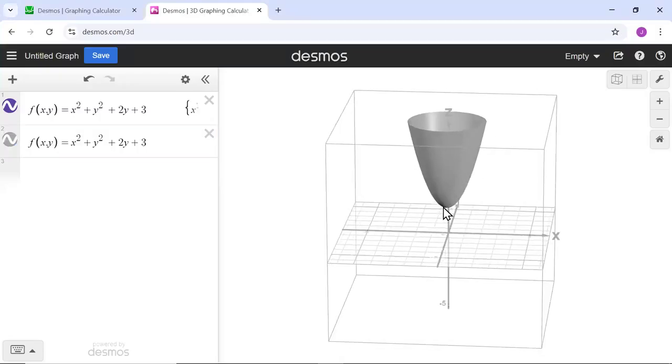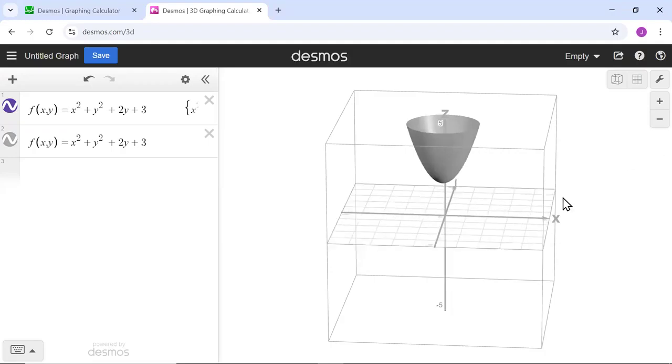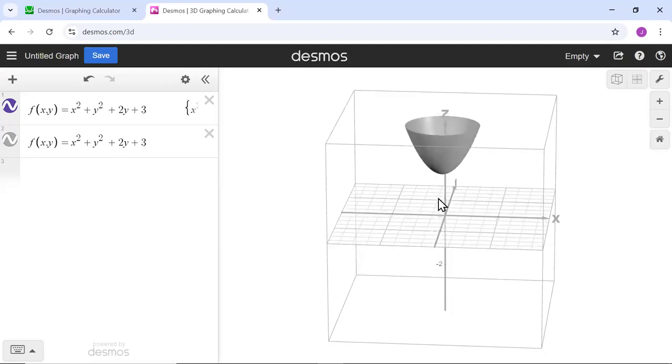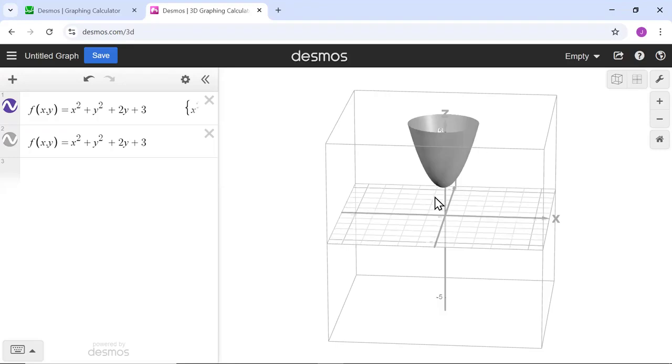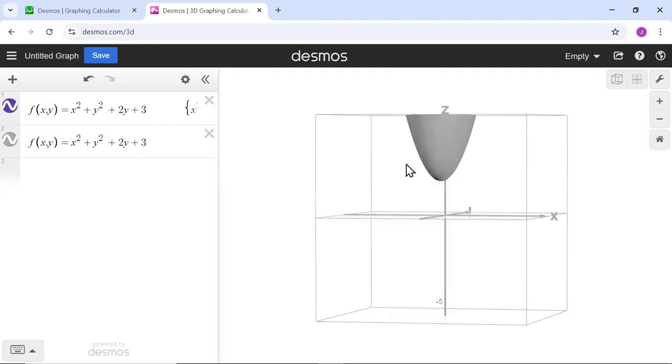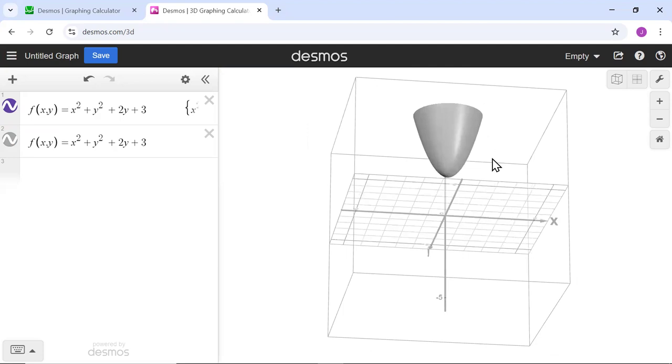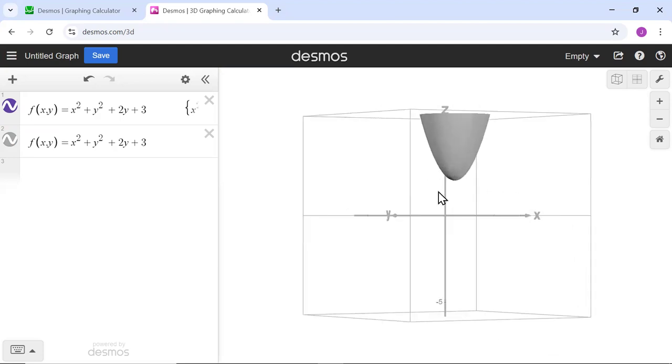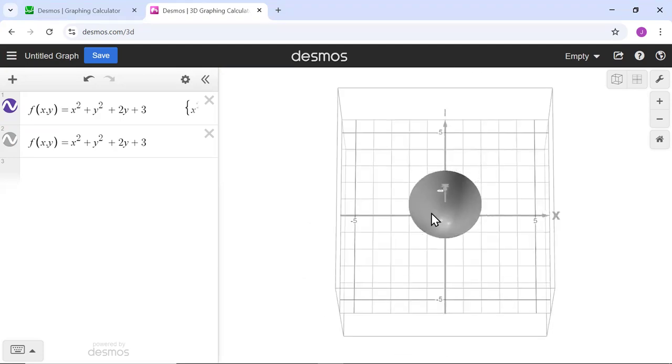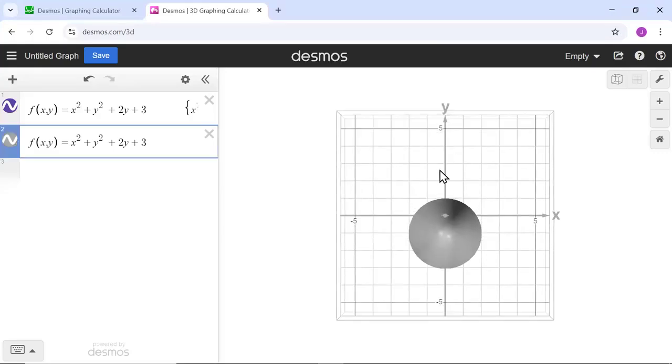All right, so let me just again give you a little bit of a visual of what's going on. What we have here is our function f of x, y, and normally our function over the entire xy plane looks like this, an elliptical paraboloid.